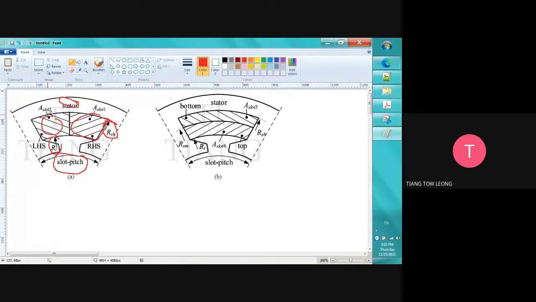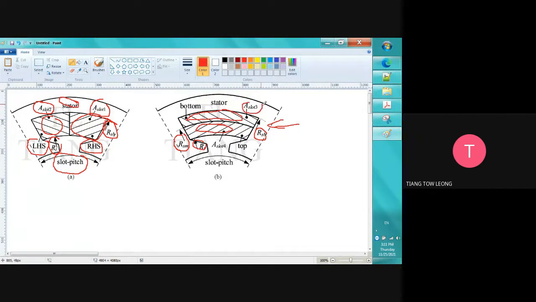So we call it double layer, and we use the names A slot 1 and A slot 2 on the left-hand side and the right-hand side. Same as well for an overlapping machine, we have RT and RSB, but we need to find RSM, which means the middle radius that makes the areas the same.